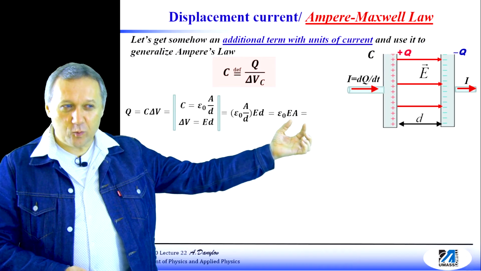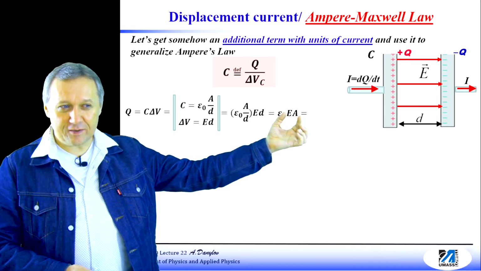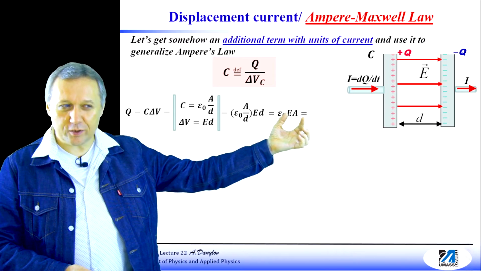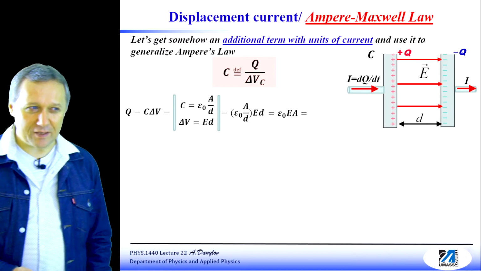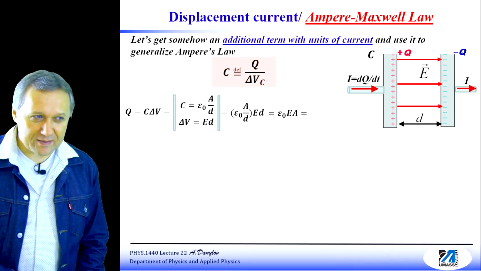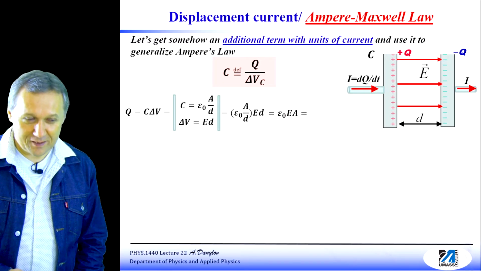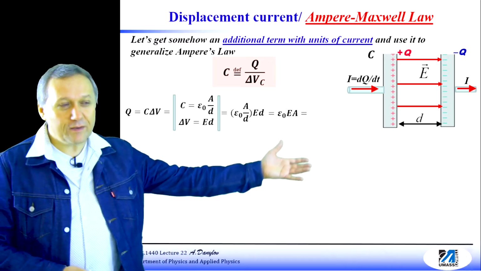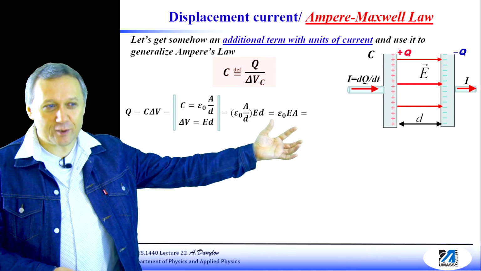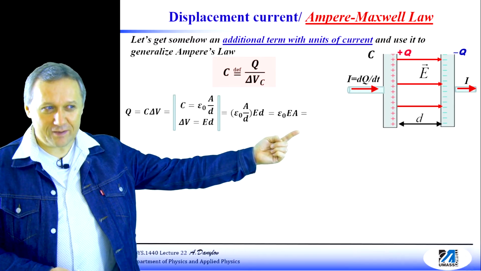Guys, what is electric field times area? Can you recognize which quantity that is? Electric field times area. This is the electric flux. Basically, it's the number of electric field lines crossing the surface A, right?